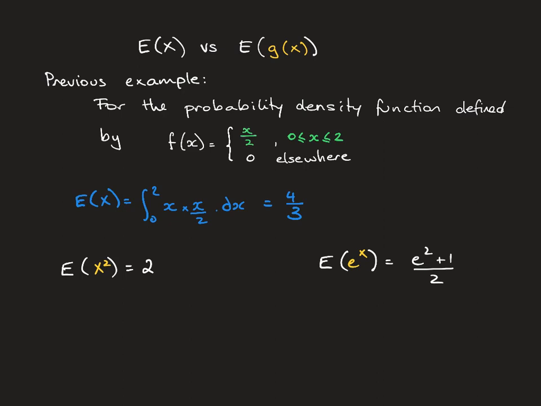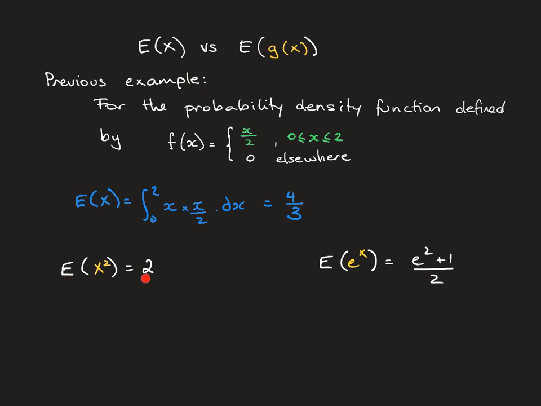Using our previous example, so we've got a probability density function that is x on 2 from 0 to 2 and 0 everywhere else. If we find the expected value for that probability density function, we get a value of 4 over 3.